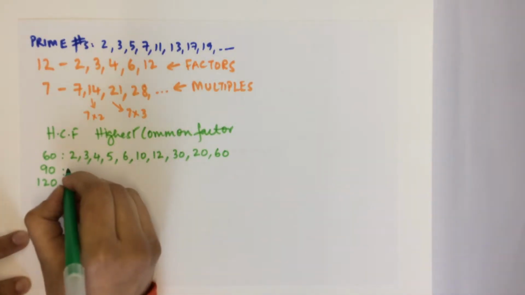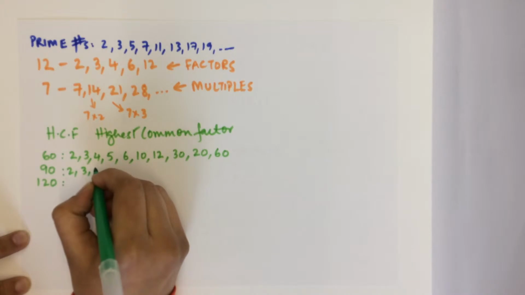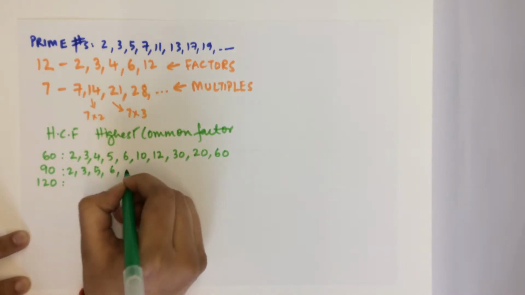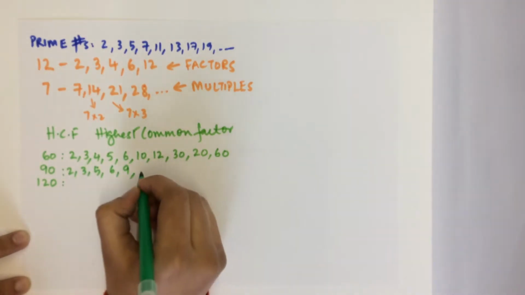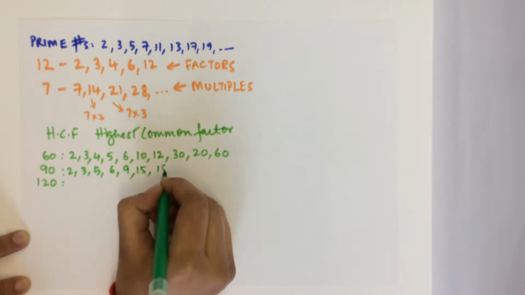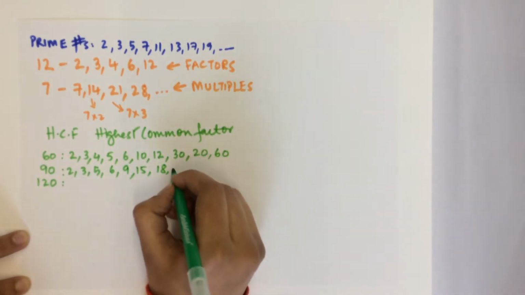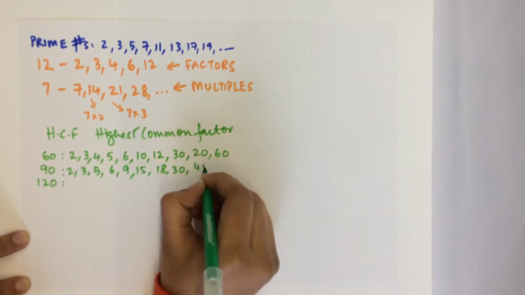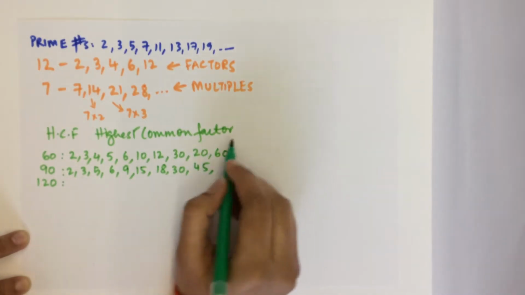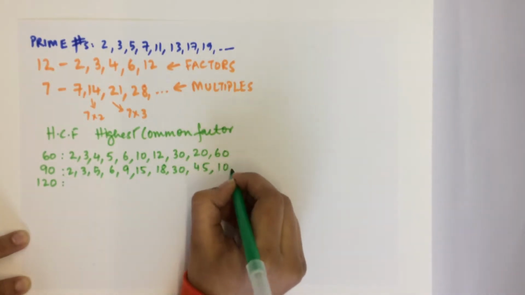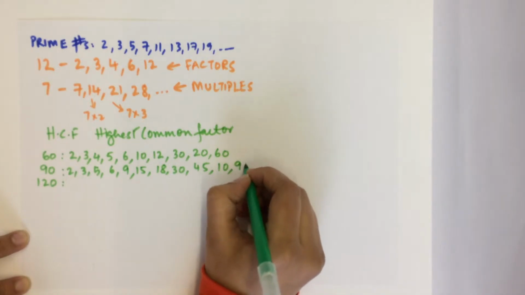Similarly for 90, it's 2, 3, 5, 6, 9, 15, 18, 30, 45, I think I missed a 10 here, 10, and 90 itself.